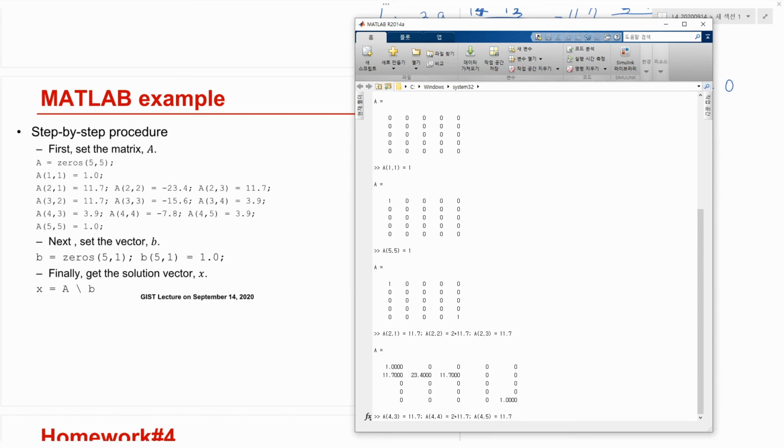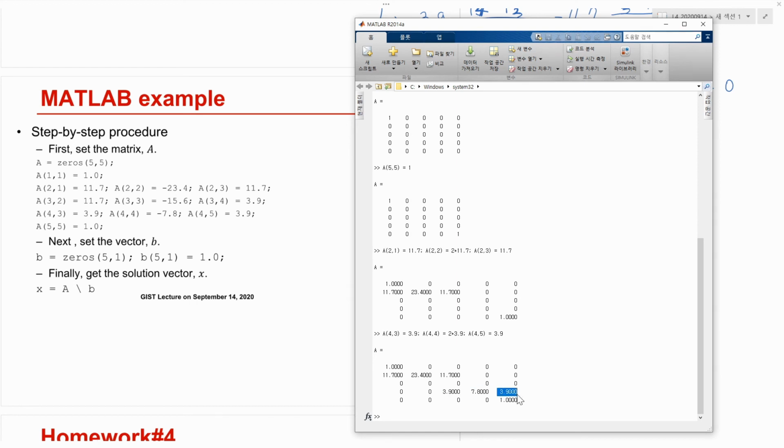In this case, still we have homogeneous permittivity for every node. So 3.9, 3.9. Okay, as you can see, here we have just 3.9 and its doubled value and 3.9.